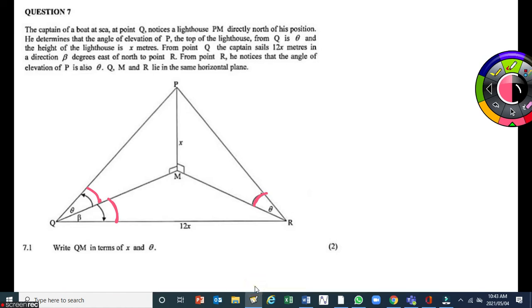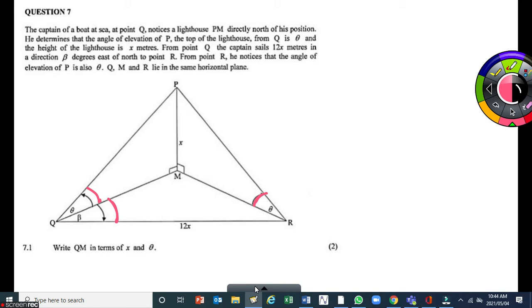Then the first question says, write QM in terms of x and theta. Whenever you're answering a question of this nature, always identify triangles first, especially right-angled triangles. The reason is that you can easily use the trig ratios from grade 10 if it's a right-angled triangle.